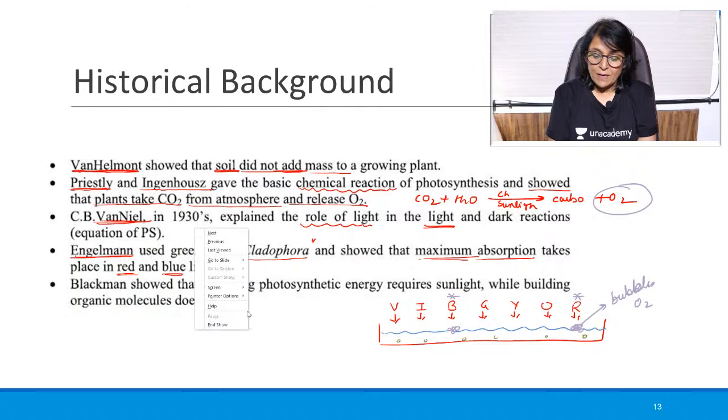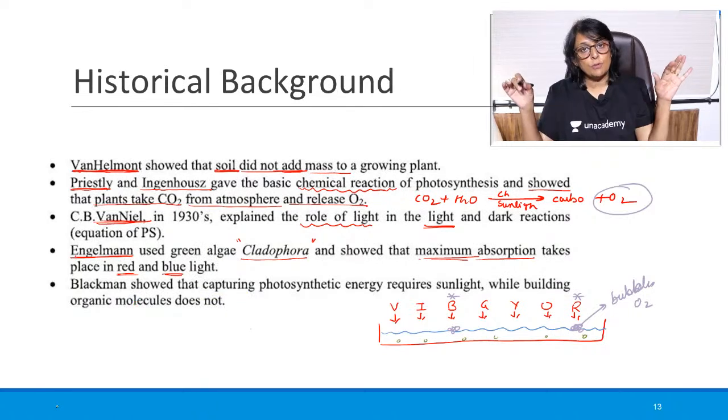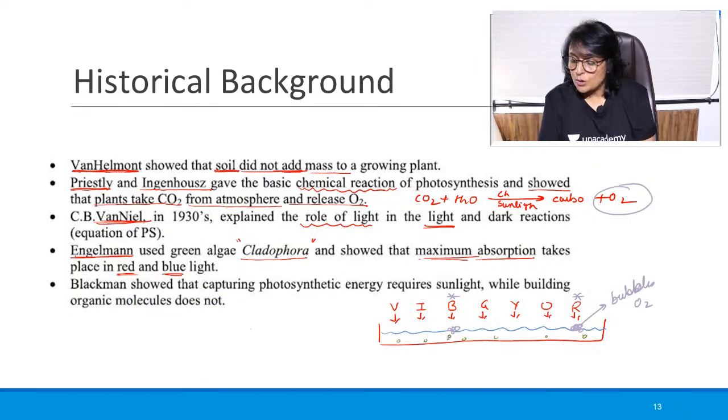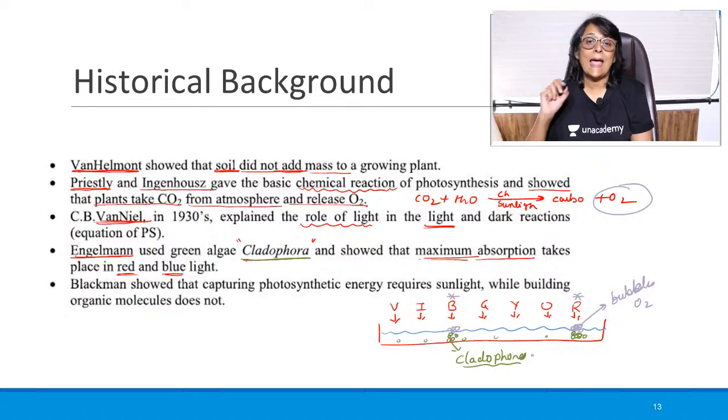One more thing which was noted here was that the green alga, which was distributed all throughout, also concentrated here. This is the same green alga, Cladophora. And why was the algae accumulating in a particular region?